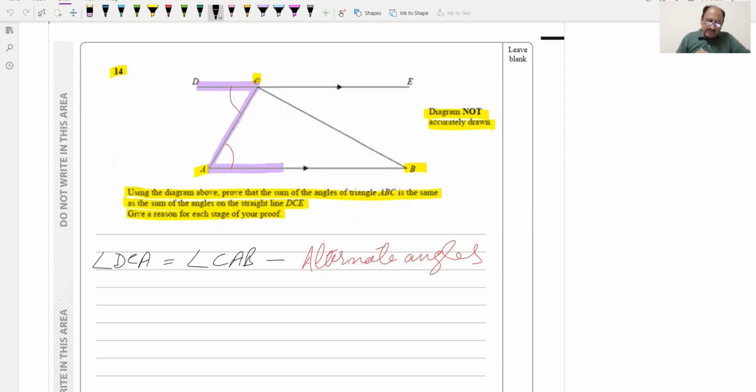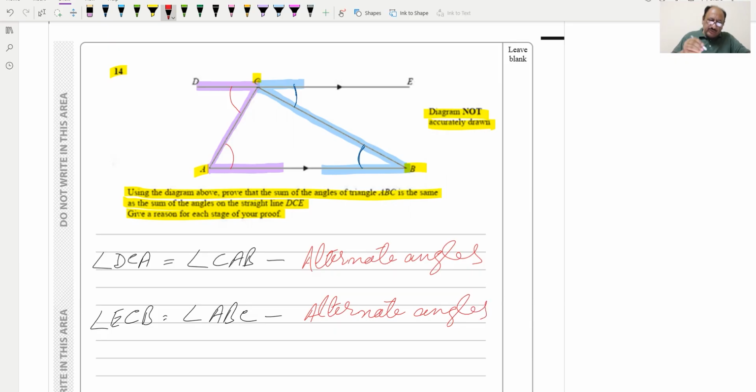Next thing which we can say is, if we consider the second Z, this inverted Z, this angle will be equal to this angle, and we will write the statement angle ECB will be equal to angle ABC, and again the reason will be the same: alternate angles.